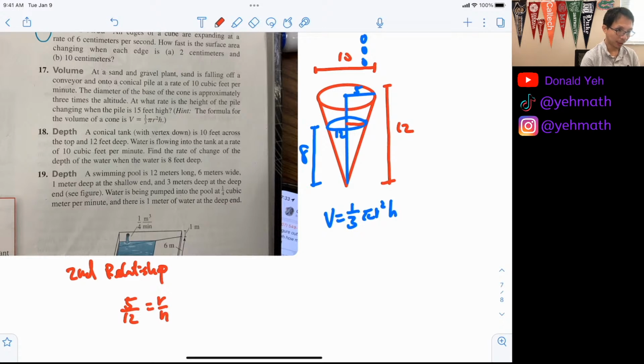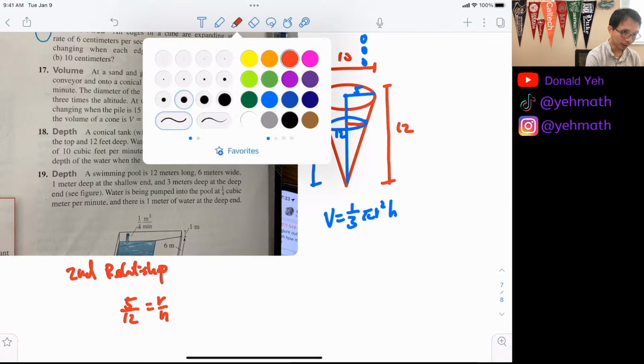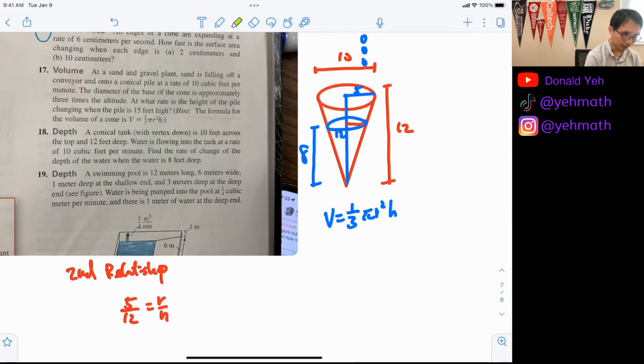Now let's read the question again. We have 10 feet, we have 12 feet. We used those already. We have 10 cubic feet. What is 10 cubic feet, by the way? Water is flowing at a rate of 10 cubic feet. So what does 10 cubic feet mean?